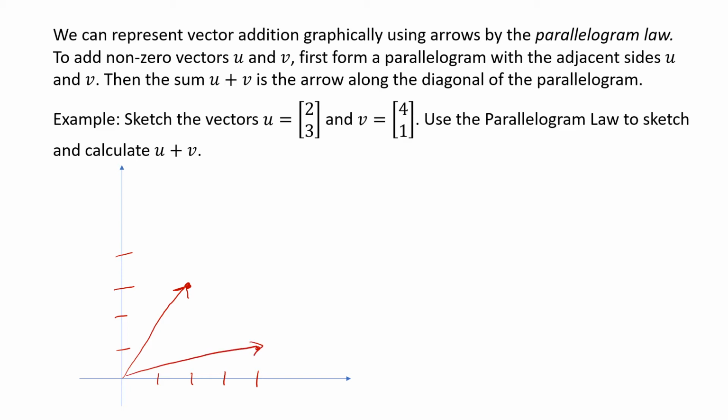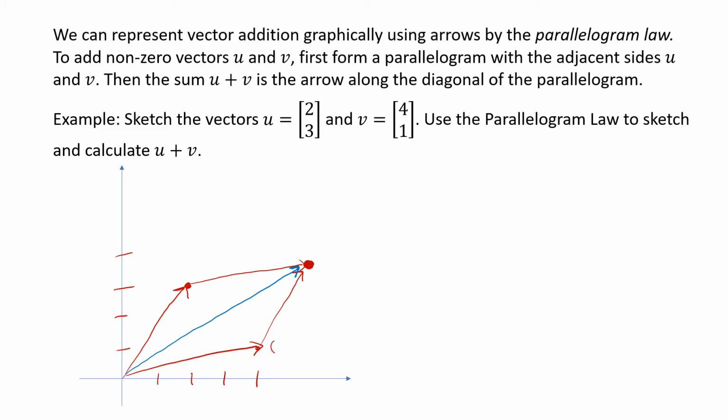The parallelogram law says, well, this gives you 2 sides of your parallelogram. Use that again to make the other 2 sides. So that makes a parallelogram. And then your sum is the vector from the origin to that point you've just created.